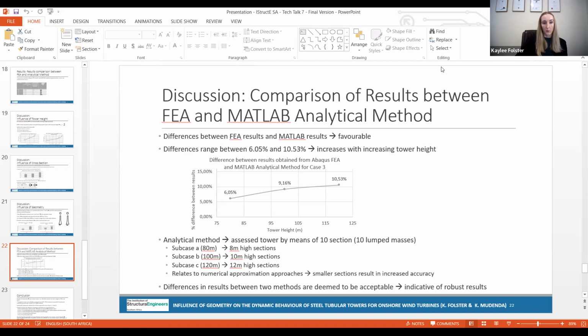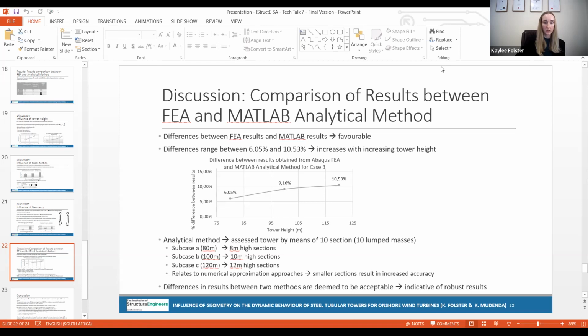So yeah, it's actually quite basic, the reason for that. And that is based on the fact that our analytical approximation method made use of 10 lumped masses. So we considered 10 subsections of the tower. So essentially for the 80-meter high tower, because we were dividing it into 10 sections, each of those section heights were 8 meters, whereas for the 120-meter high tower, those 10 sections were 12 meters in height.